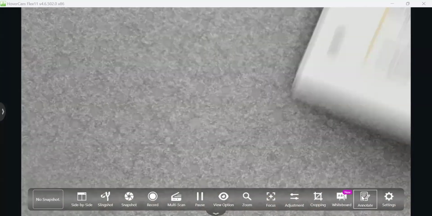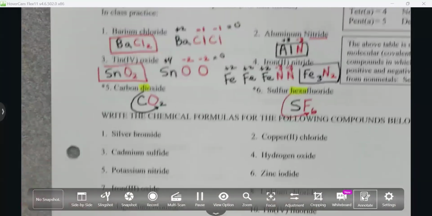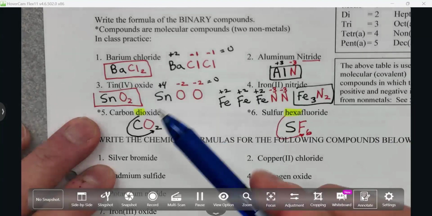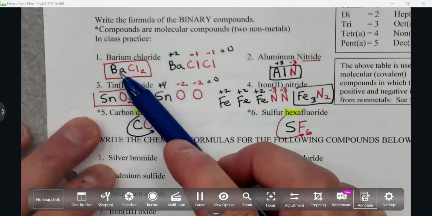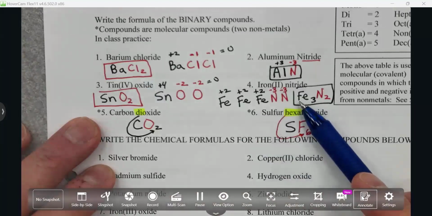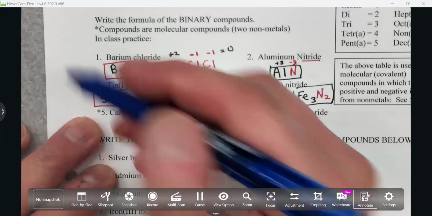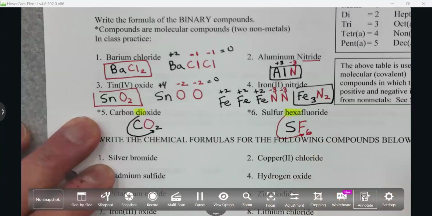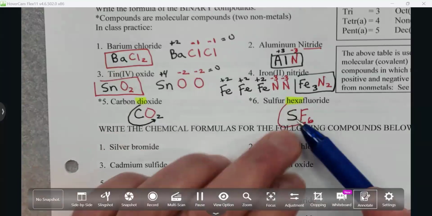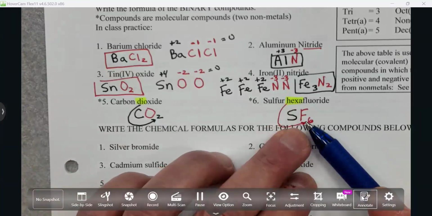Now, what we did last time was this first page. On this first page here, metal, metal, metal, metal: ionic compound. These last two, non-metal, non-metal, non-metal, non-metal: covalent.